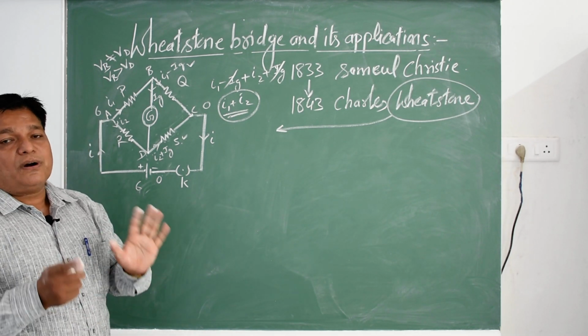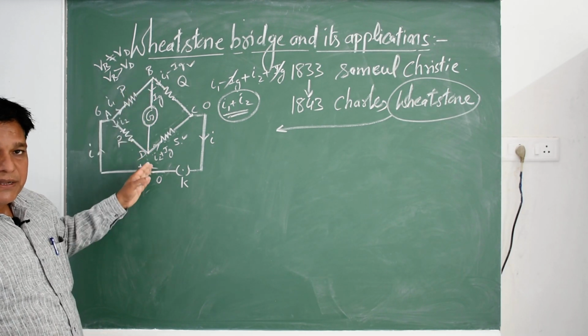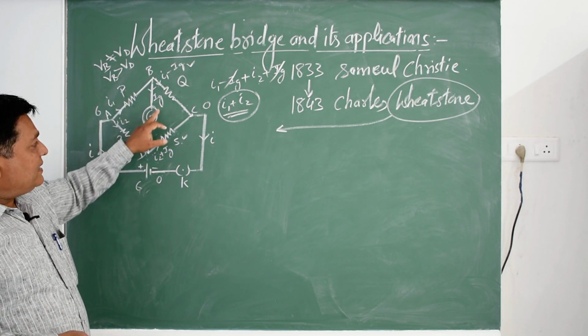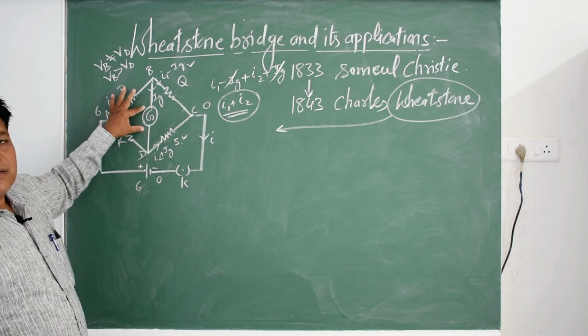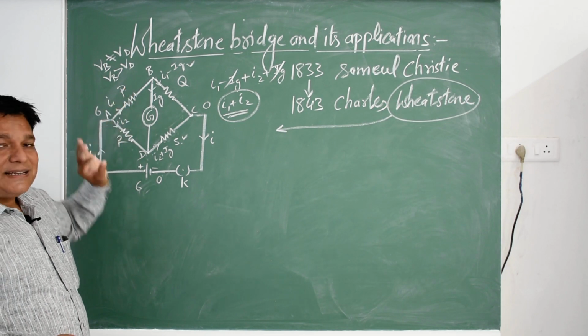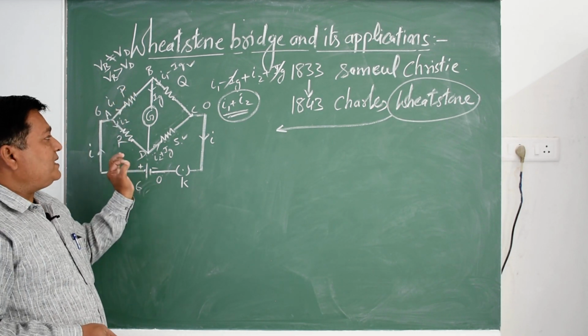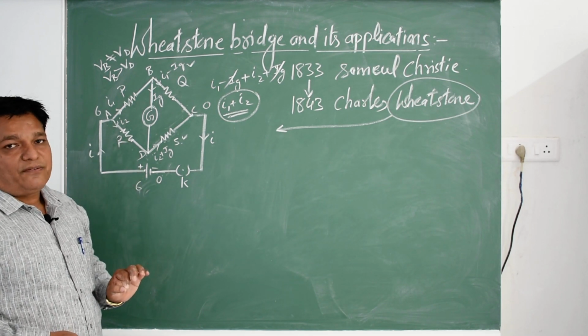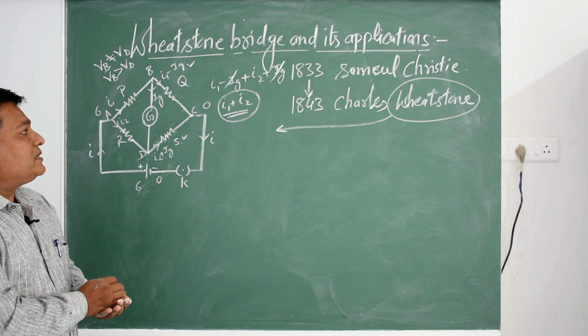Then there will be no current passing through this bridge, B to D. IG current is equal to 0, meaning no current passes through the galvanometer. This condition is said to be the balanced condition, and this is what is useful in the principle of Wheatstone bridge.